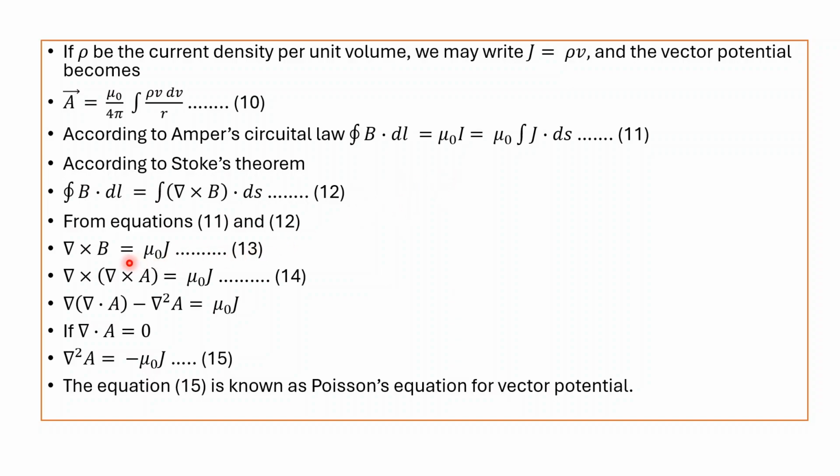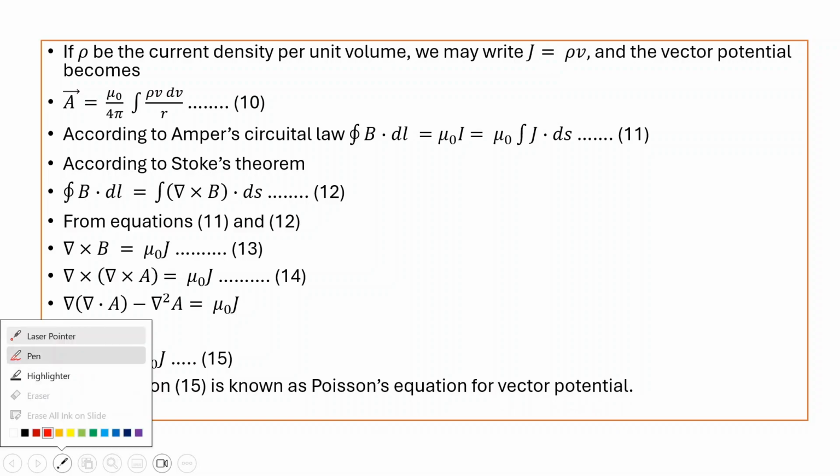So curl B equal to mu naught into J. But B is our curl A. Del cross curl A equal to mu naught into J. Now use the identity: del cross curl A equal to grad of div A minus del square A, which is equal to mu naught into J on the right hand side. If div A equal to 0, then del square A equal to minus mu naught into J. Equation 15 is known as Poisson's equation for vector potential.